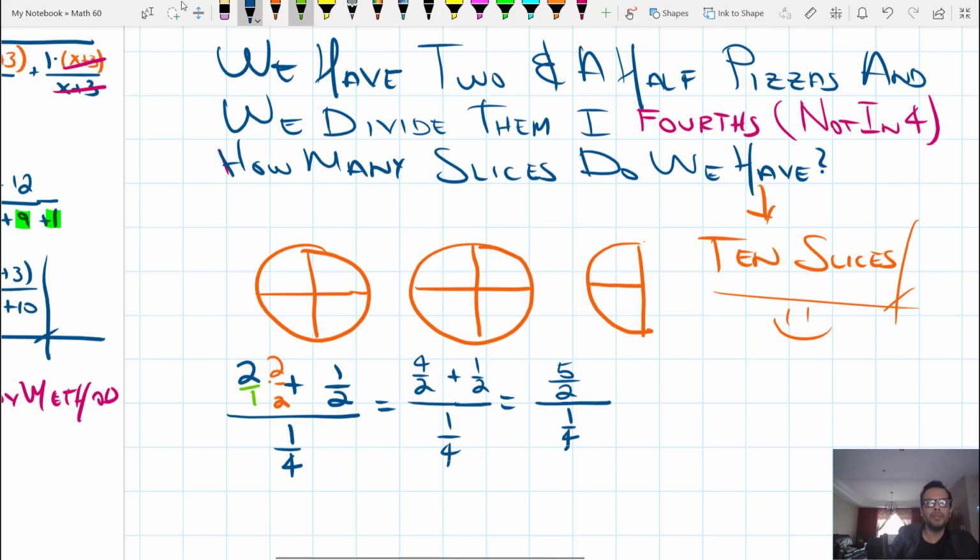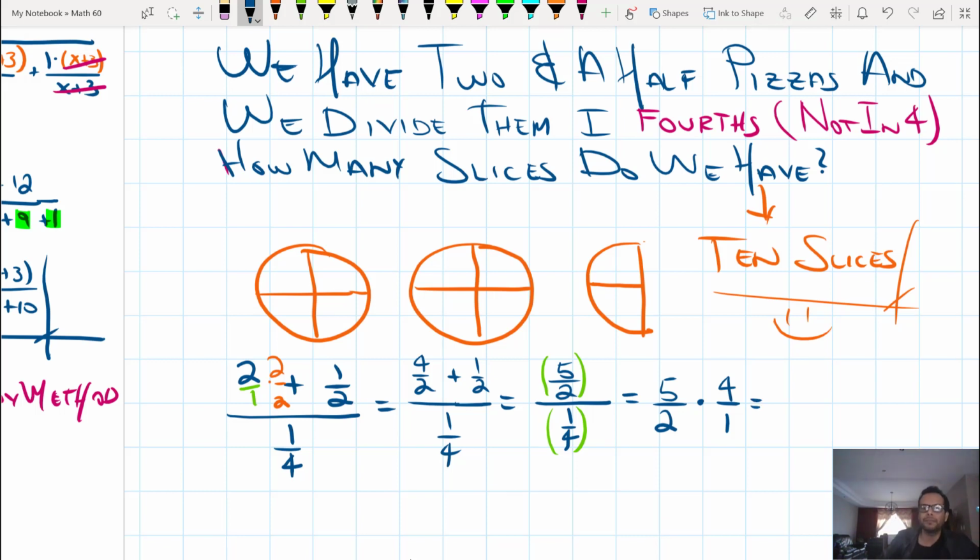So what are we doing here? We are dividing fractions. In order to divide fractions, keep the first fraction and multiply by the reciprocal of the second fraction. So the reciprocal of 1/4 is 4/1.